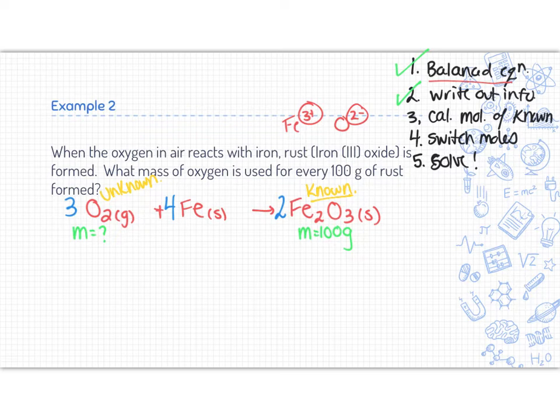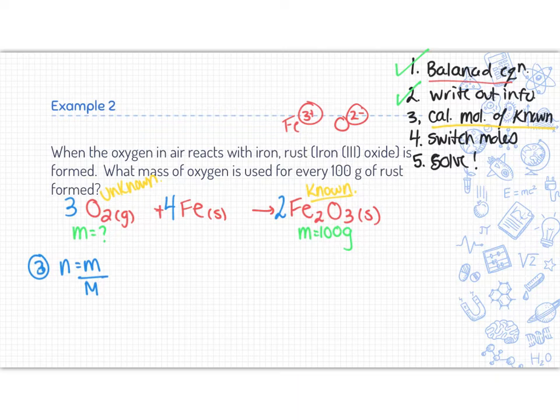Okay, so let's calculate the number of moles of known. I've been given mass. To find moles from mass, I need to use the formula. So this is step 3. n is equal to little m over big M. I have mass. I just need to calculate the molar mass of Fe2O3 before I can continue.